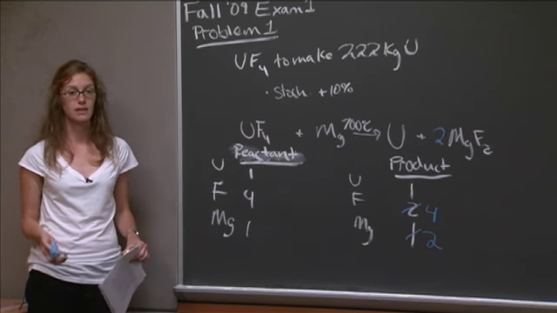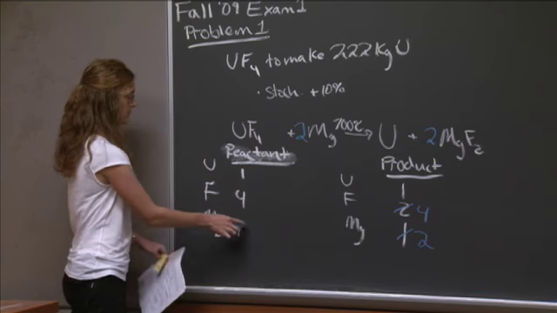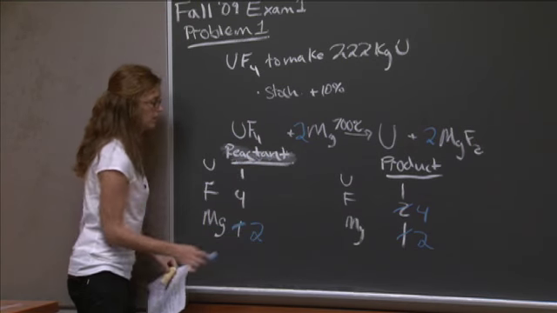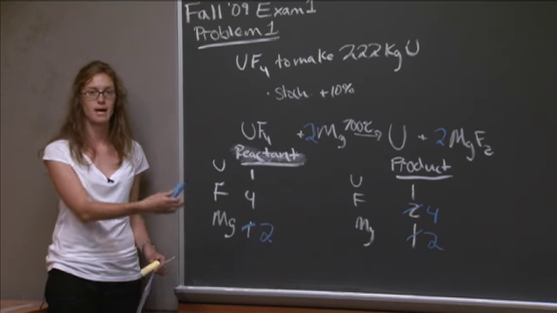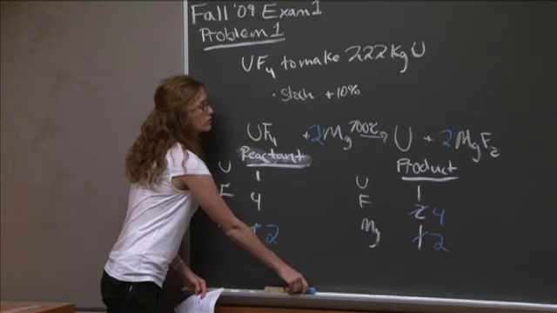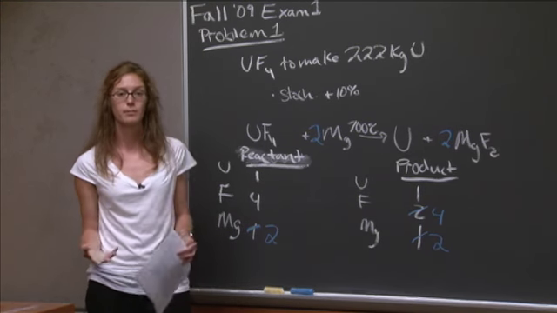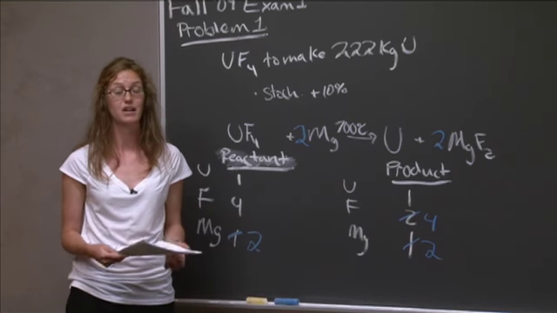So to fix that, we put a stoichiometric coefficient in front of the magnesium, switch our accounting down here, and we see that we now have a conservation of mass. The two sides are balanced. So with our balanced equation, we can now move on to what the question is actually asking us.